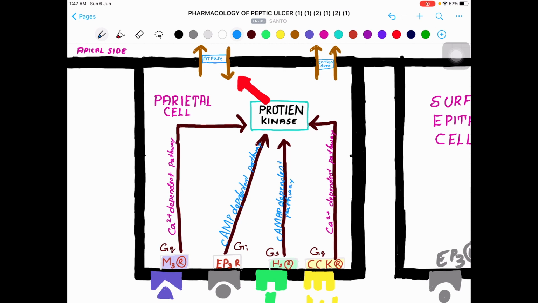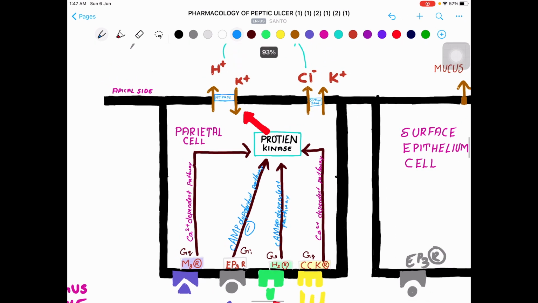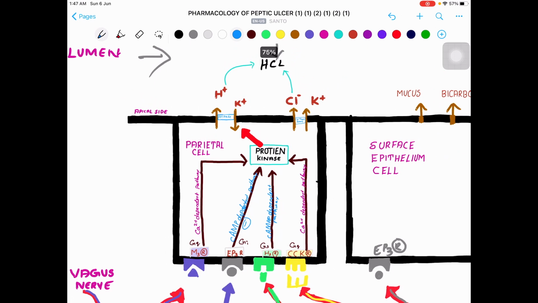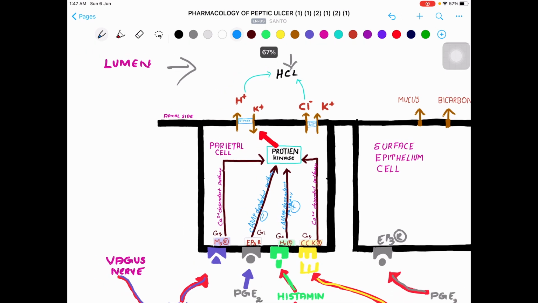And the difference is, when EP3 receptors are stimulated, it inhibits the protein kinase, so the hydrogen ion secretion will also be decreased. And in case of H2 receptor stimulation, when the cAMP dependent pathway is activated, leading to activation of protein kinase, finally HCl or the H plus ions are secreted into the lumen. This is what happens inside the parietal cells.